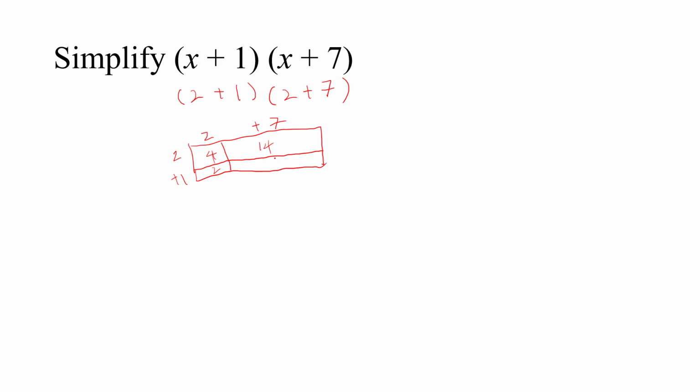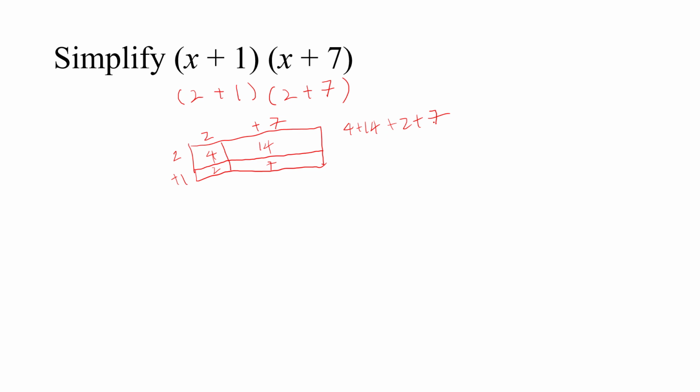And 1 times 7, I will get 7. So altogether, the area of this rectangle will be 4 plus 14 plus 2 plus 7.